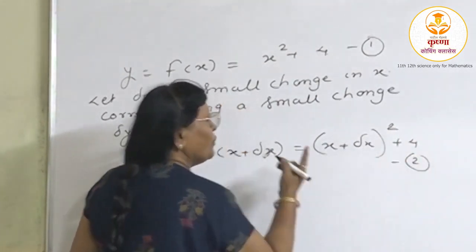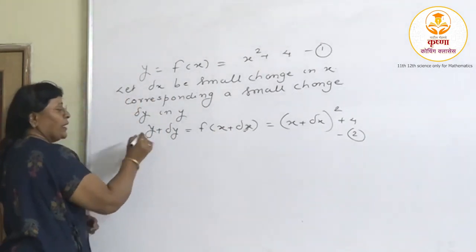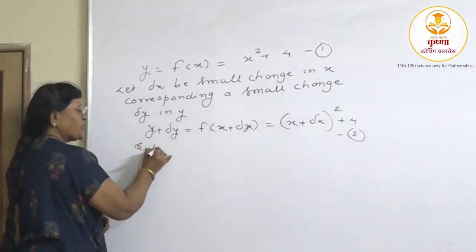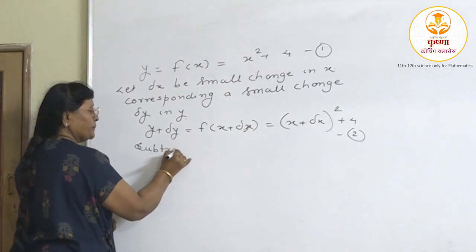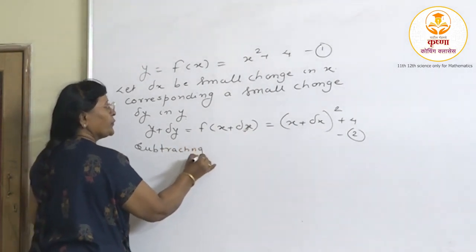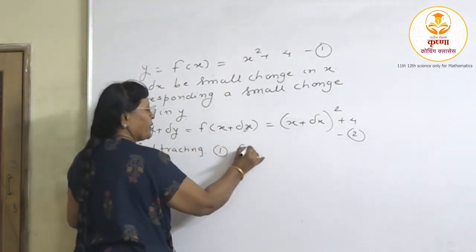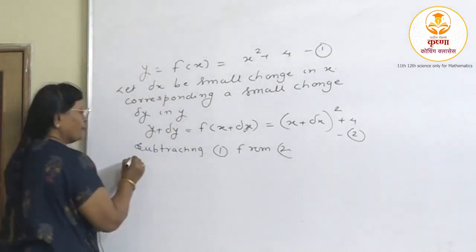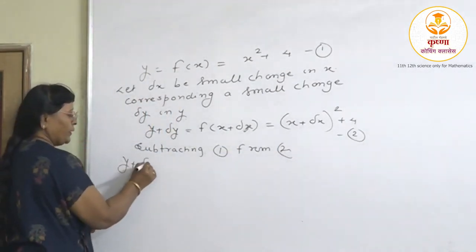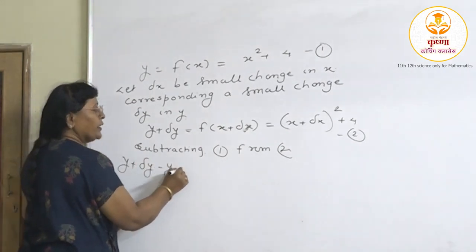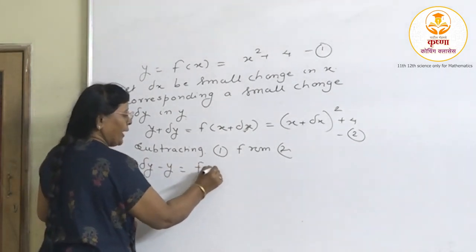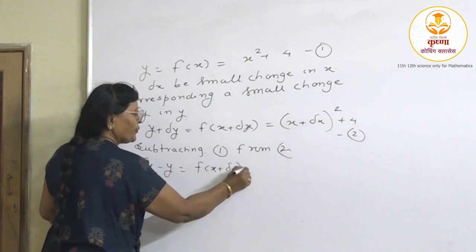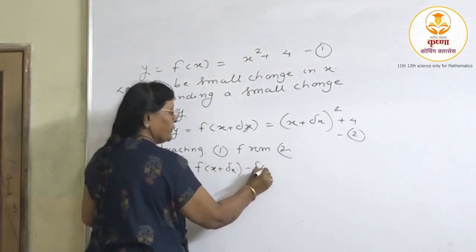Now see what you have to do. You have to make one procedure here, subtracting first from second. Therefore y plus del y minus y is equal to f of x plus del x minus f of x.